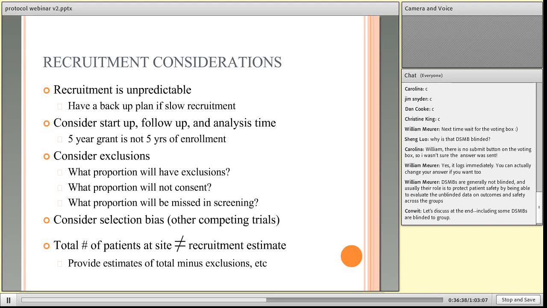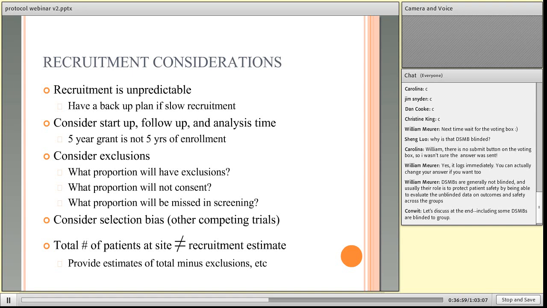Startup, this is another thing that I commonly see in grants that come in, is that people forget that there's a huge investment that has to happen at the beginning of any trial, but especially a comparative trial, because there are usually 2 or more groups that are being compared, and so there's a lot of preparation.